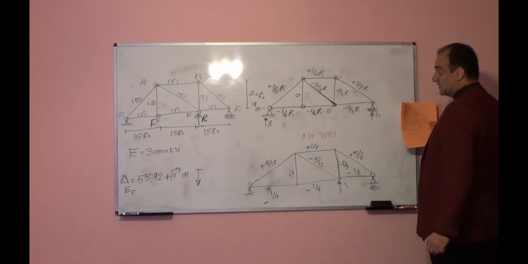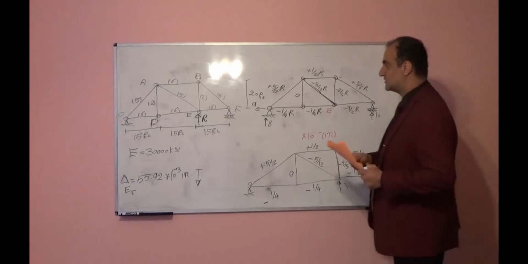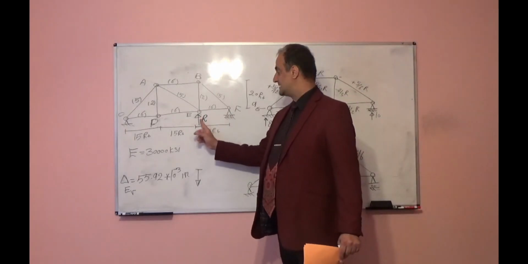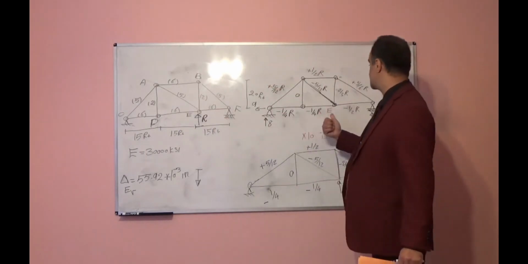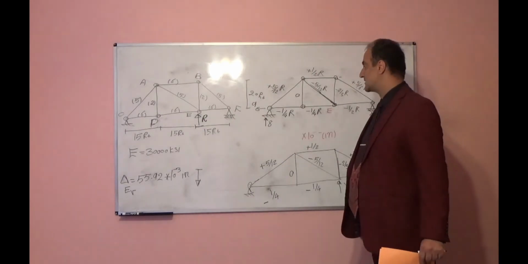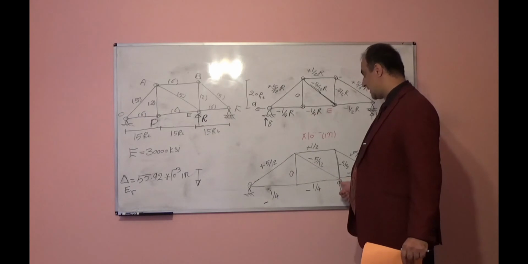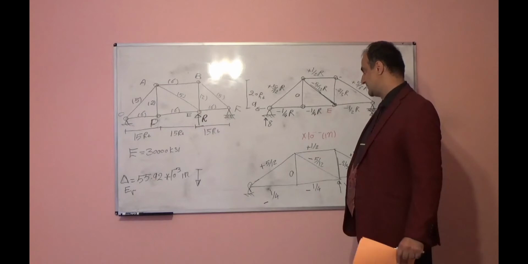So now we have the real load this time. We assume the real load is the reaction at point E. We find internal force in terms of R, that extra reaction at point E. We will apply unit load at point E upward, and we will find again internal forces in truss members.